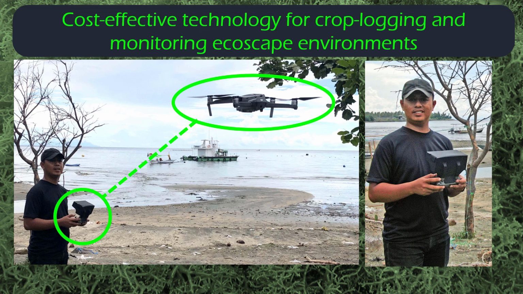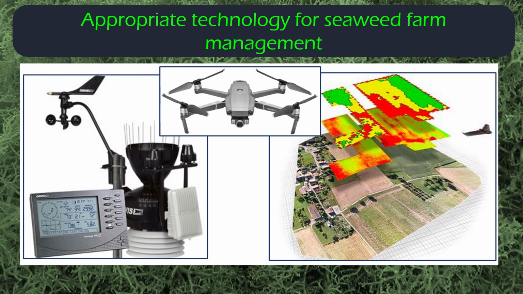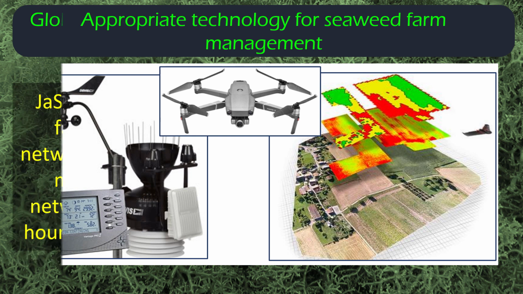Cost-effective technology for crop logging and monitoring ecoscape environments is already being utilized in the industry. For example, here a drone is being used to map seaweed beds in Bali. This is one among several technologies that are under development or already starting to be used that are appropriate for seaweed farm management.